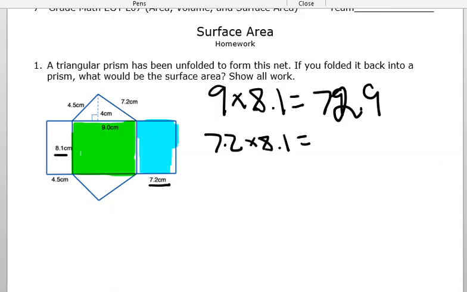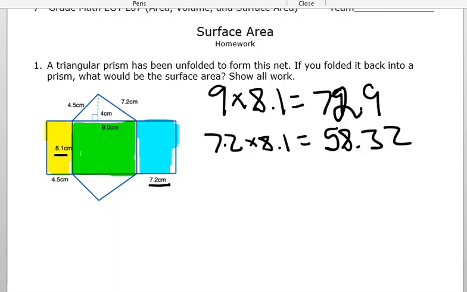And I'm going to get 58.32. And I'll take a look at this part right here.